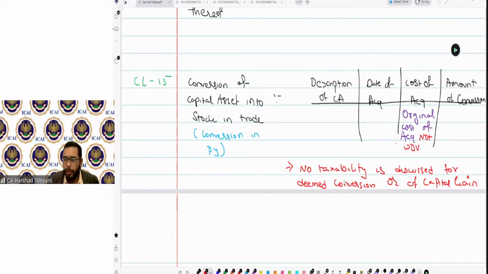The amount recorded in the books at which the asset is converted into stock in trade should be stated, and such amount may not be the fair market value as on the date of conversion. Maybe some other value. So the amount of conversion will be the amount at which the conversion has taken place, and you have recognized your stock in trade for that. But when I talk about cost of acquisition, it's the original cost that I am required to report, not the WDV.